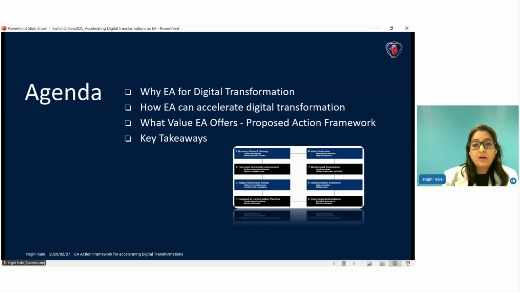And this is where I will be proposing a concrete action framework for enterprise architecture that can be used as guidance for the approach that you can take in your organization to enable and accelerate digital transformations. And then we will wrap up with some key takeaways.